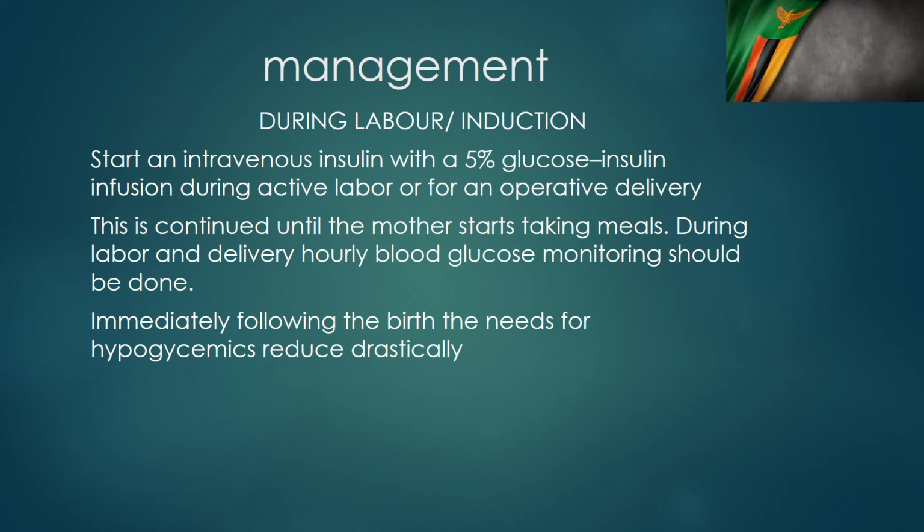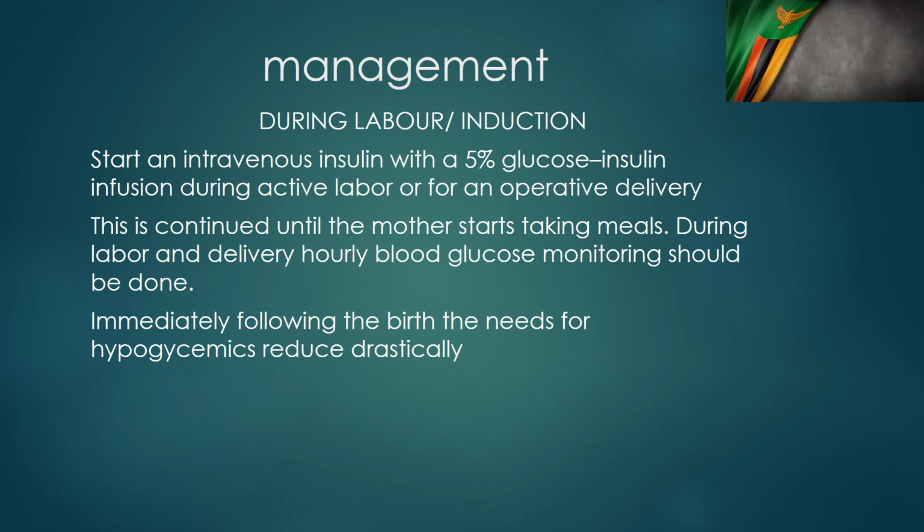So you put insulin on one drip and you give somewhere in between 0.5 international units to 1 international unit per hour for this patient, and then there's a 5% glucose running on the other drip, and you keep balancing them to have a glucose level during active labor of somewhere between 4 and 6.